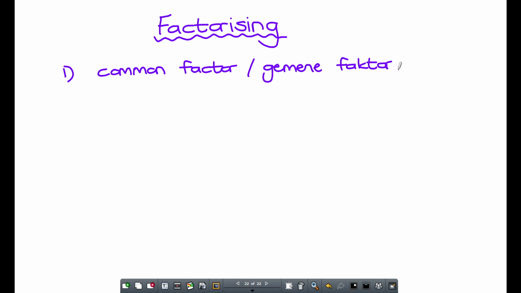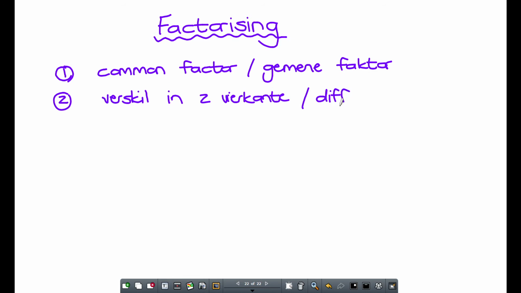En dan die volgende een wat julle gedoen het, was difference in two squares, daai verskil in twee vierkante. Okay. Then the last one that you guys did was trinomial, die drie term.